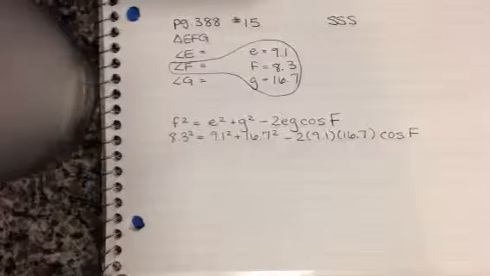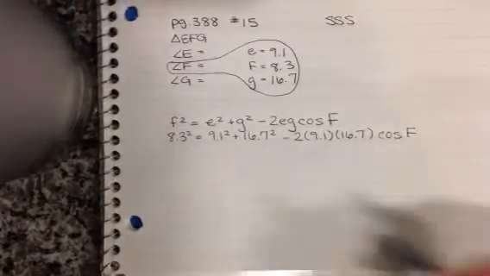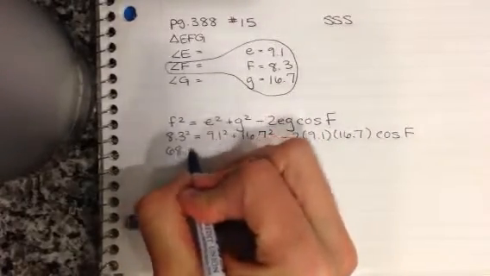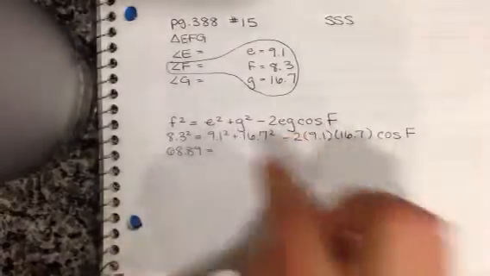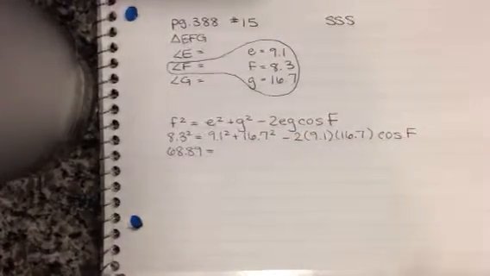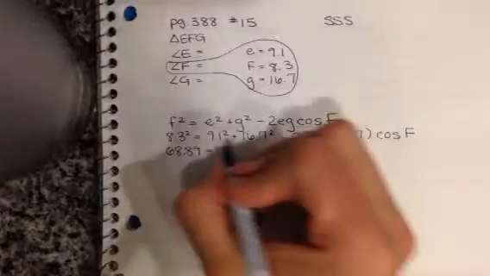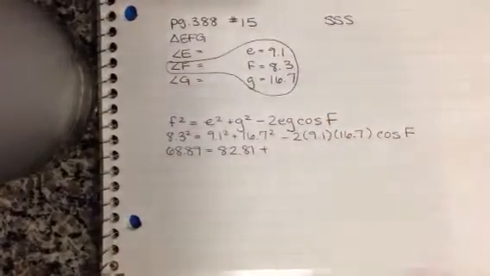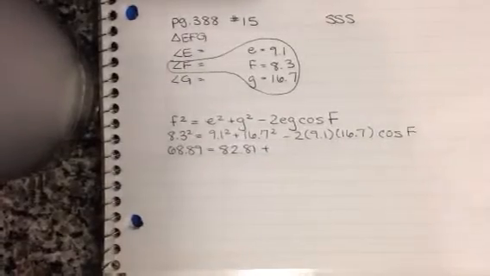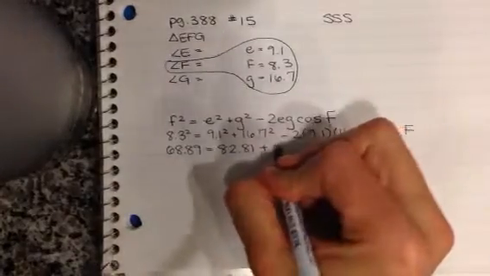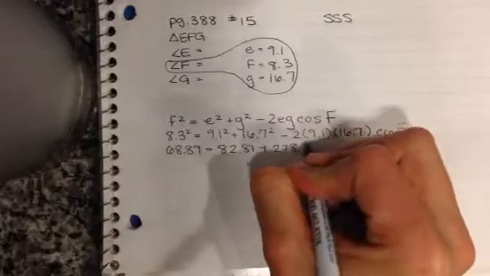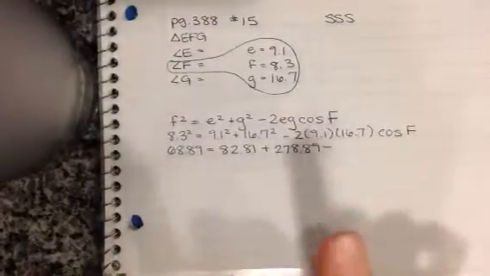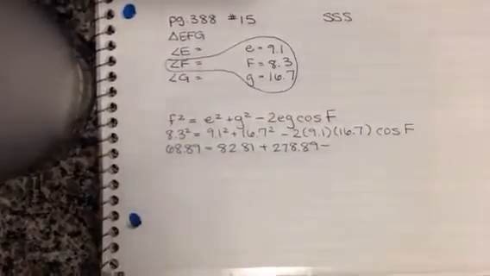So 8.3 squared, I'm going to do that on my calculator. I get 68.89 equals 9.1 squared. And pause it to see if you get all this stuff. 82.81 plus 16.7 squared, 278.89 minus, now this is the part where it's tricky.